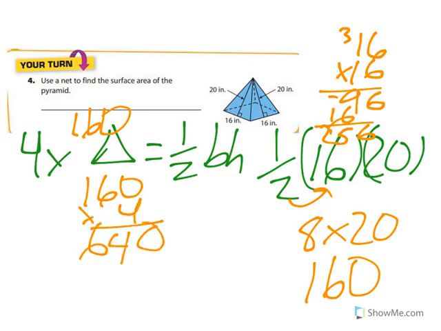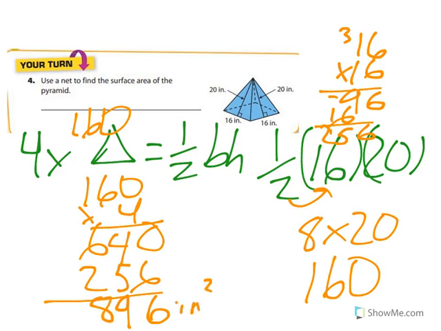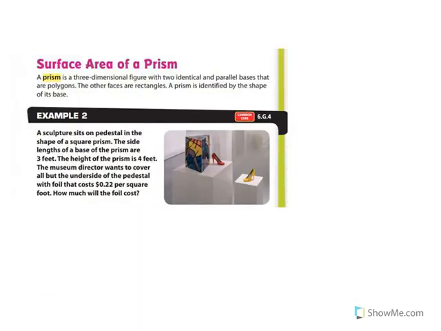So that's 640. I'm going to add that to 256, and I have 896 square inches. Same idea. I found the area of my square, my base, and then I added it to my 4 triangles that go around and fold in to make that point.